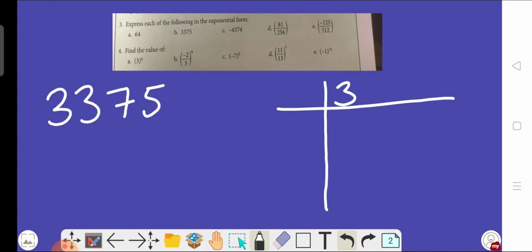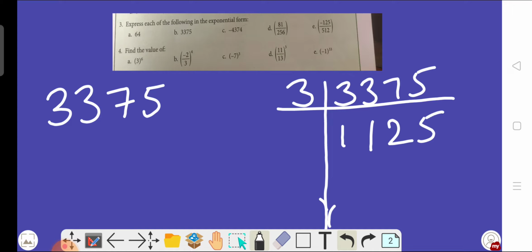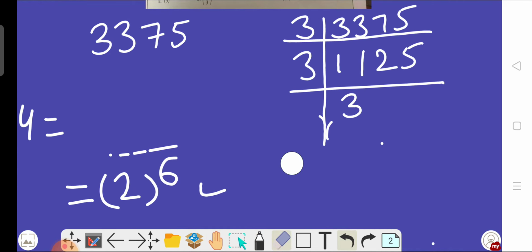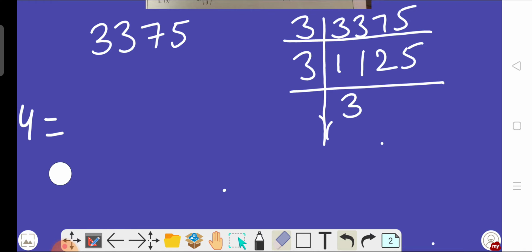When we factorize this number, it is divisible by 3. Okay. So after factorization, this will become 1125. Again this number is divisible by 3. So this is equal to 375.